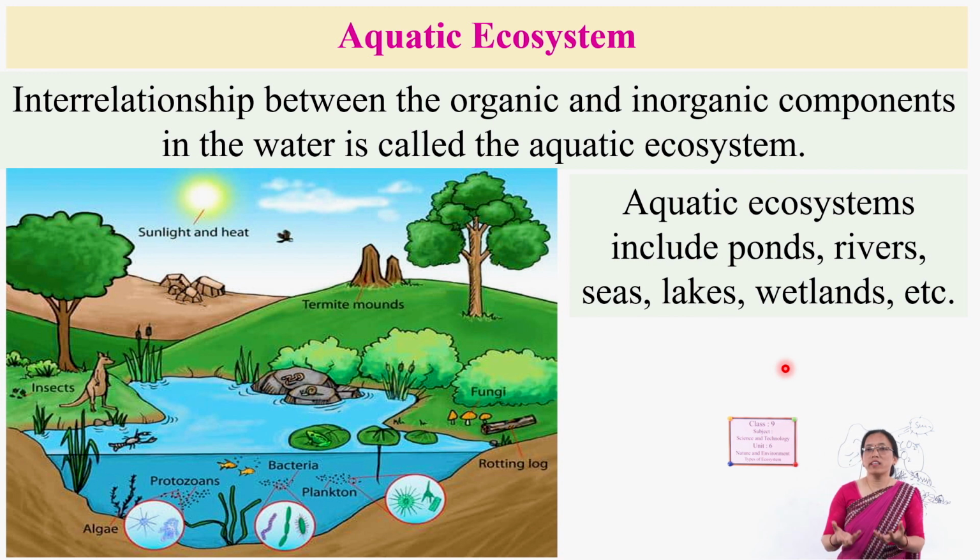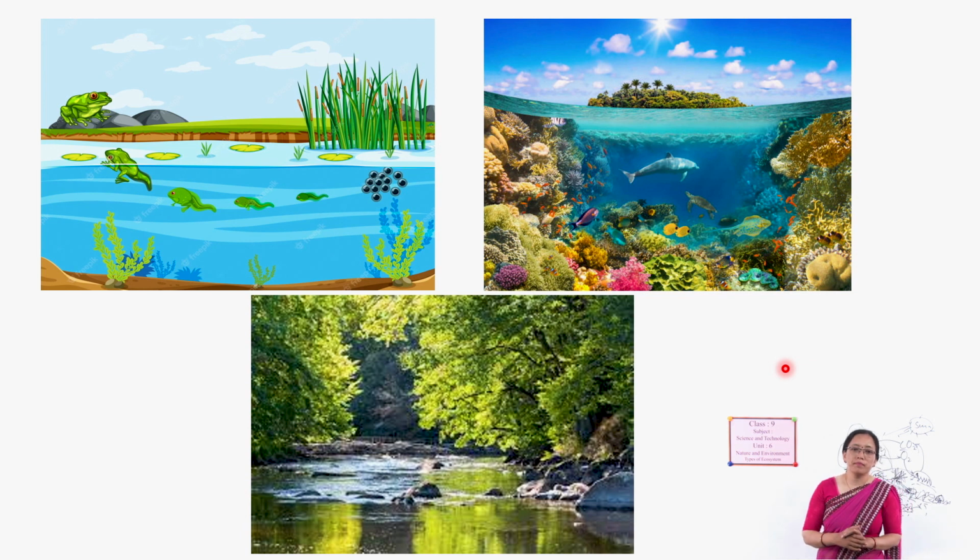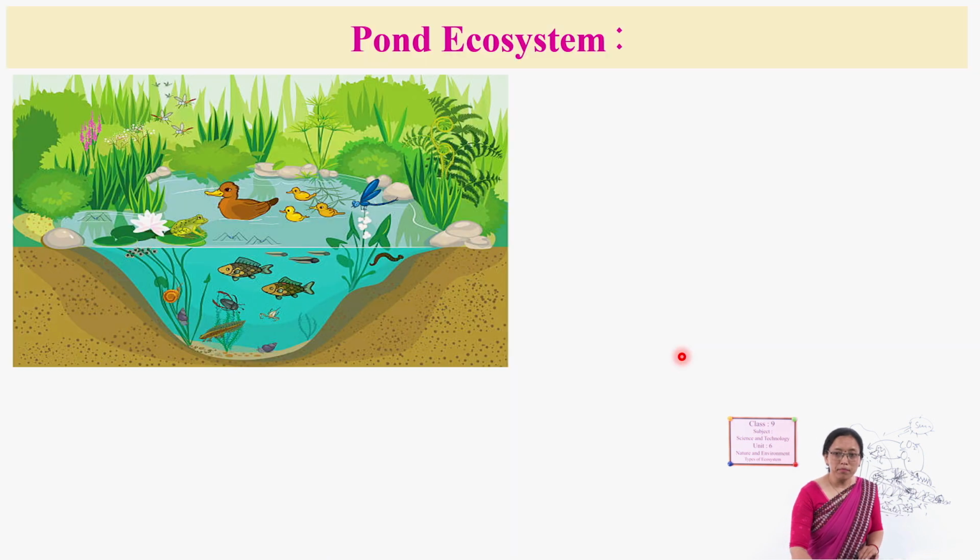Based on that, the living organisms growing there are also different. So there are different forms of aquatic ecosystem. But in this class we talk only about the pond ecosystem. Here you see, this is the pond ecosystem, this is the ocean ecosystem, and there is the wetland ecosystem. But here mainly we deal with the pond ecosystem.